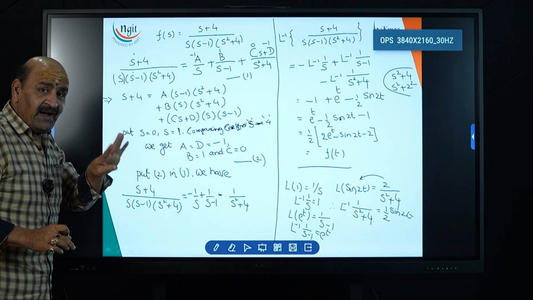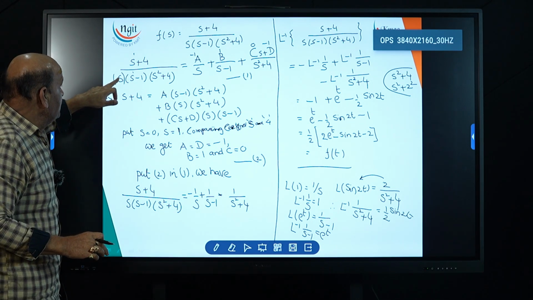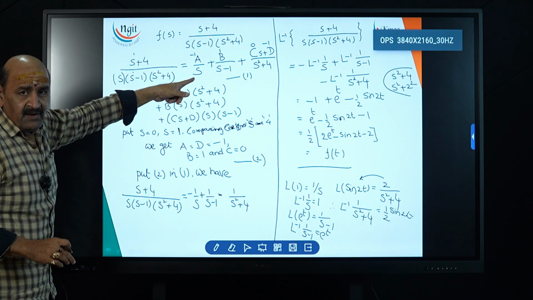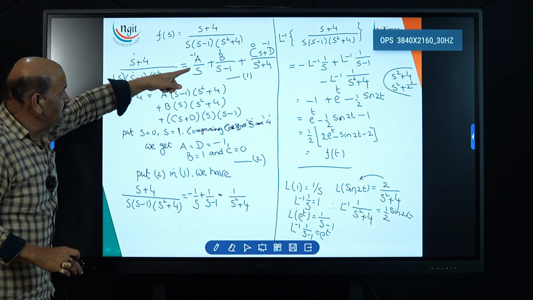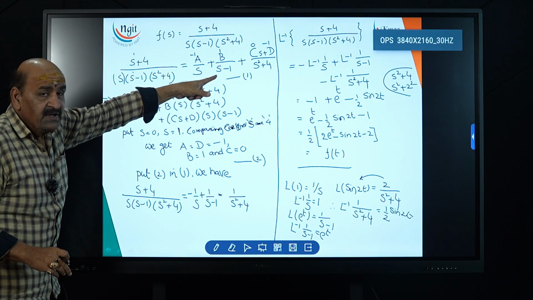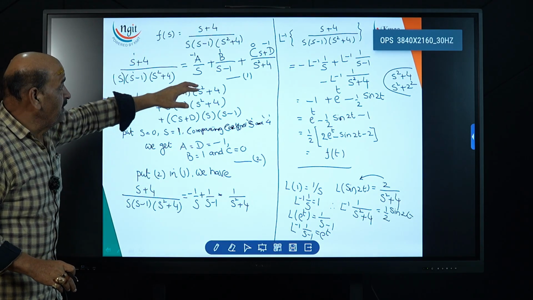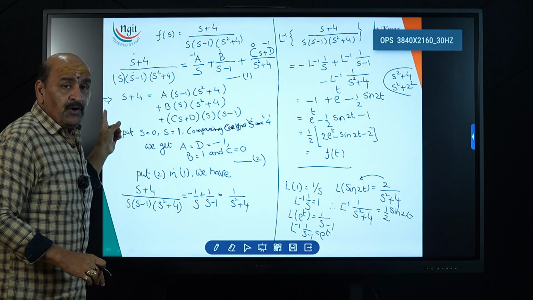If there are 4 factors, go for 4 fractions. Now the first one has degree 1. Therefore, we write only a constant, A by S. Here the degree equals 1, so they go for only a constant, B by S minus 1. But the third one is quadratic. So we have to go for linear, CS plus D.